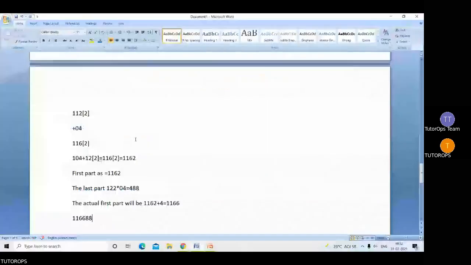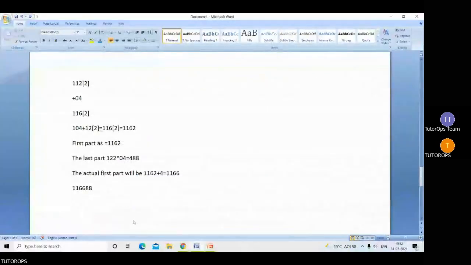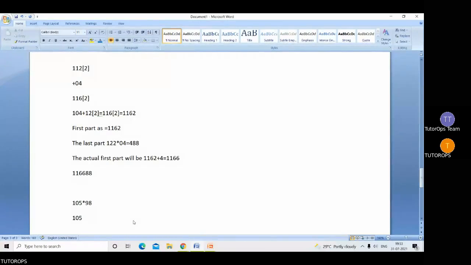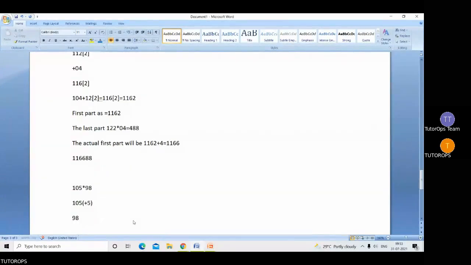Say I have given 105 into 98. In both cases the base will be 100. So for 105 it will be plus 5. For 98 it is 2 with a negative sign.